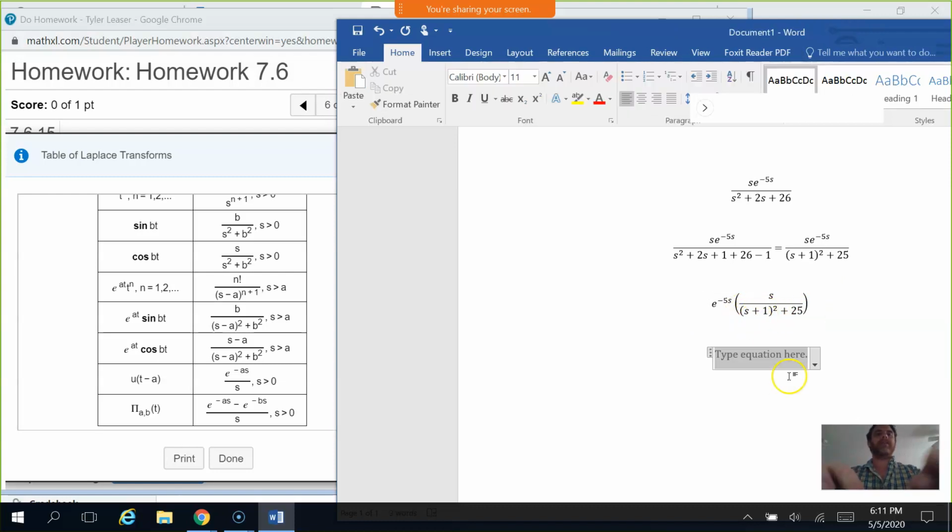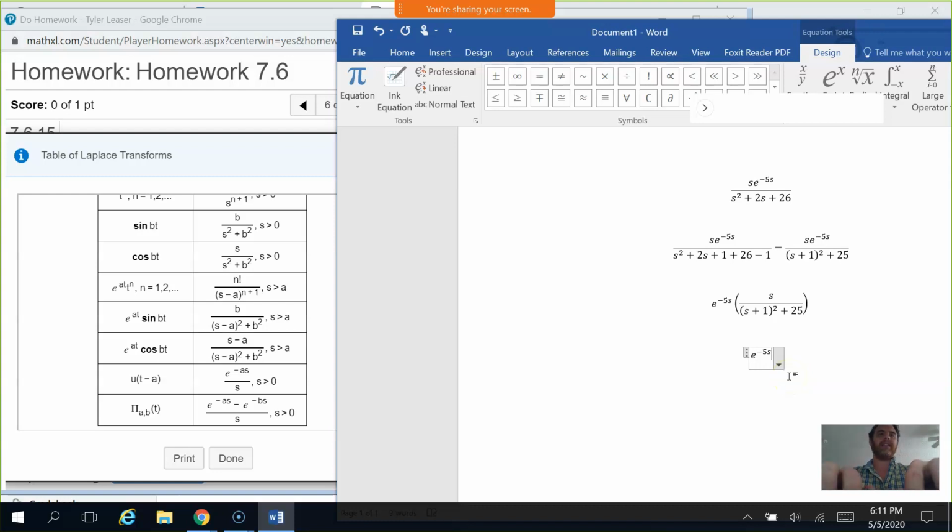All right. So the way we're going to do that, leaving the negative 5s out in front, I'm going to add a 1 into this numerator here. That way I get that s plus 1 in the numerator as well as the denominator. But you can't just add a 1 onto it without also subtracting a 1.